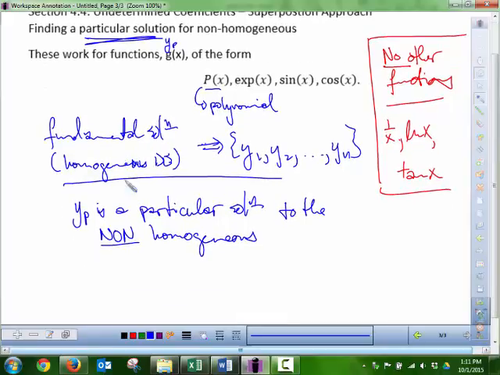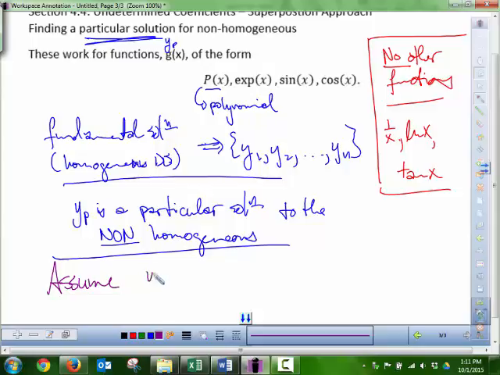Okay? So what we're going to do is assume that your particular solution is some constant times g of x, whatever g of x is equal to. All right, it's a little trickier than that, though. If g of x is a polynomial, then we have to write the general polynomial.